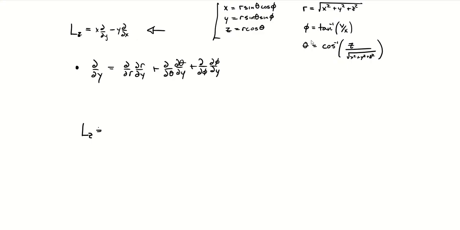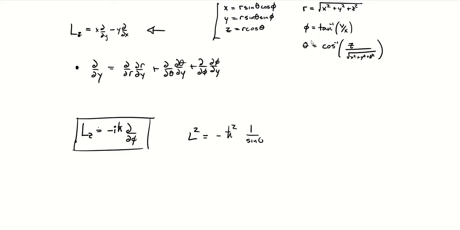We end up with negative i h bar partial phi as our z component, and our L squared operator is going to be negative h bar squared times 1 over sine theta partial theta of sine theta partial theta, plus 1 over sine squared theta partial squared over partial phi squared.